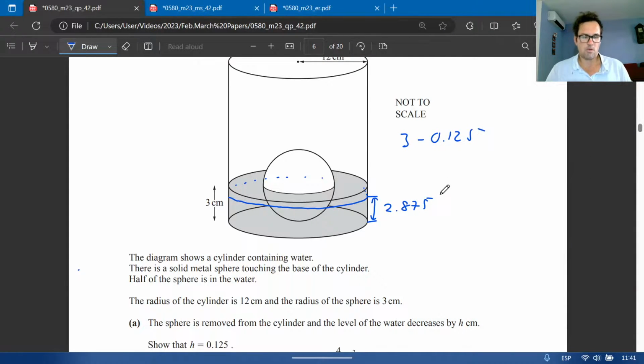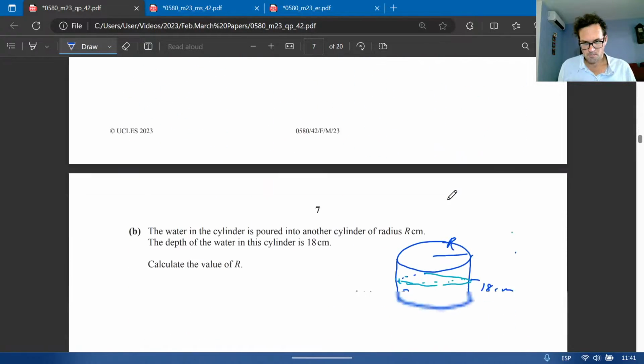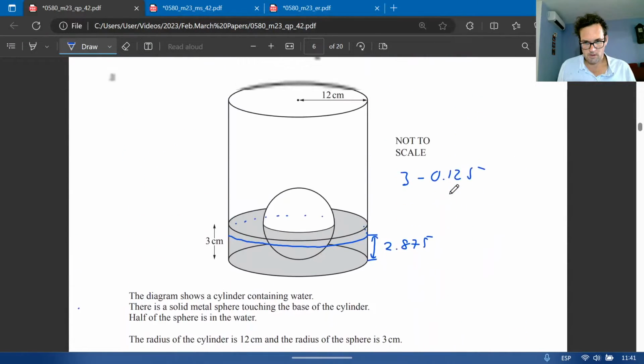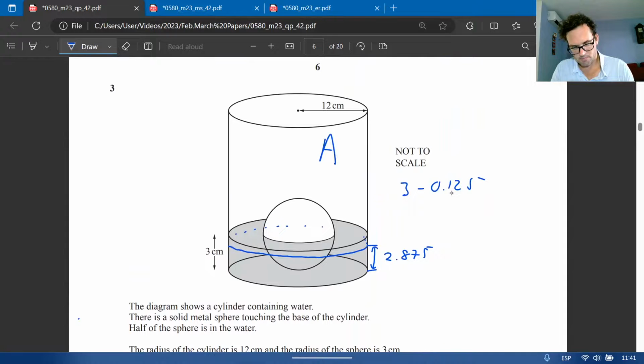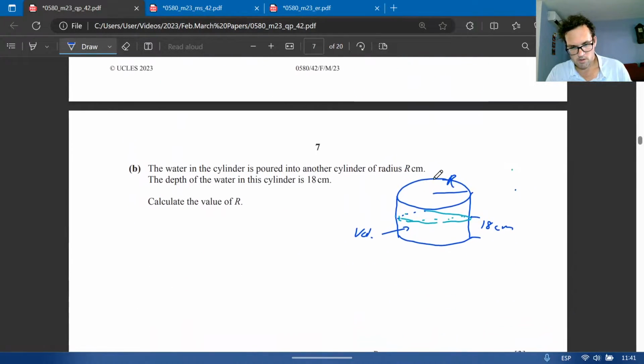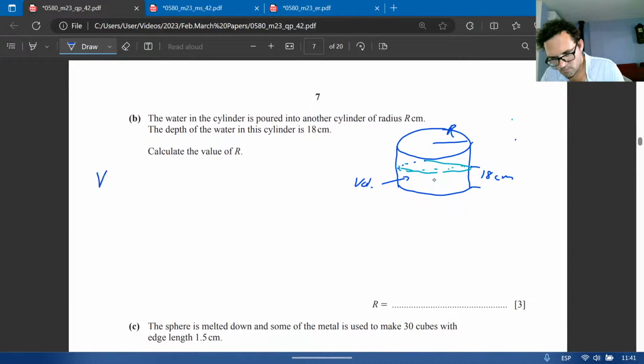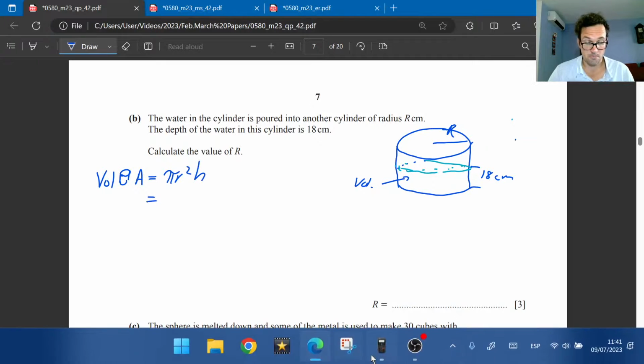So first we would have to calculate that volume of water. Okay, so let's call this cylinder A. Okay, so volume of the water, not the whole cylinder, and that's a cylinder by the way, volume of cylinder A. Remember we're using pi r squared height to get volume.